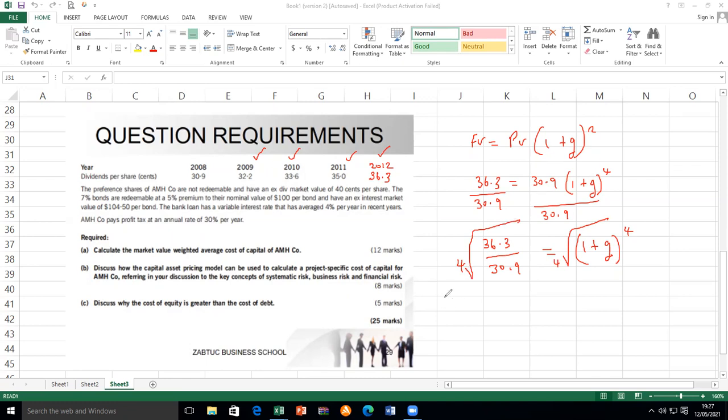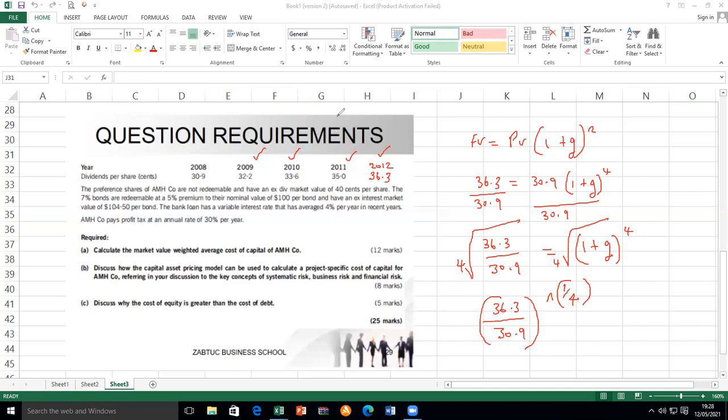This is where one of our candidates asked us, how do you take a fourth root of a number? The other way of taking a fourth root of a number is simply saying 36.3 over 30.9, the whole of this to the power 1 over 4. So that's how we take the fourth root.